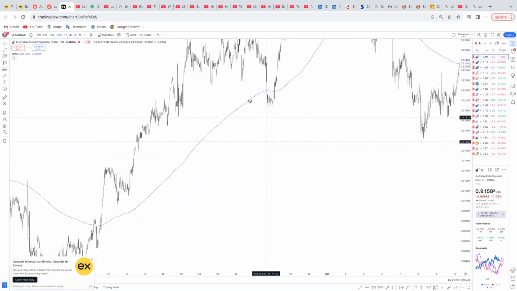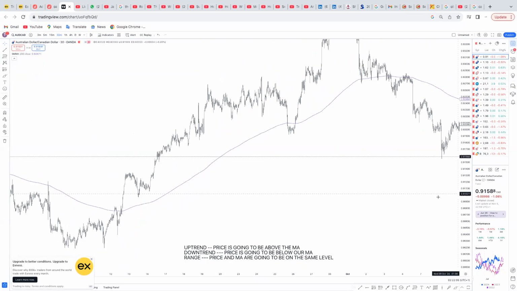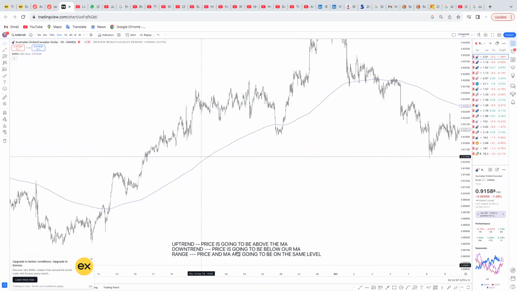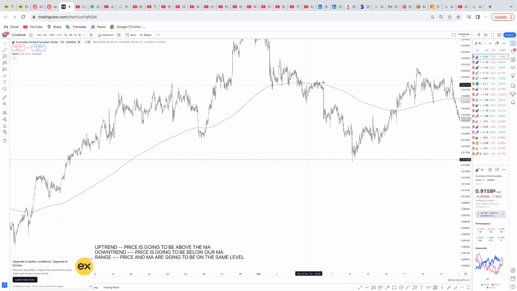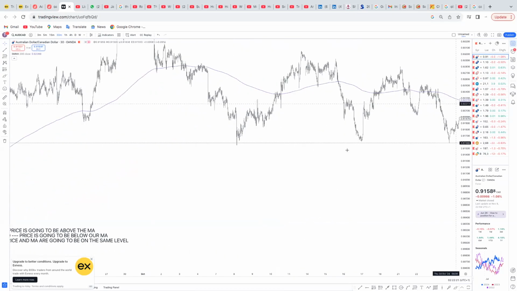And then by the time price begins to go below our MA, our moving average, you can see we're having a very short downtrend.